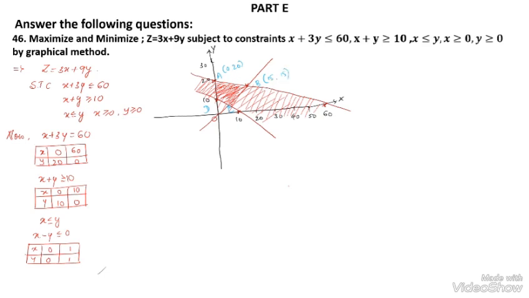You have to plot the graph on a graph sheet. Then you directly get the values 15 and 15. Again here 5, 5. This one result is 5, 5 and this one point is x is 0, y becomes 10.